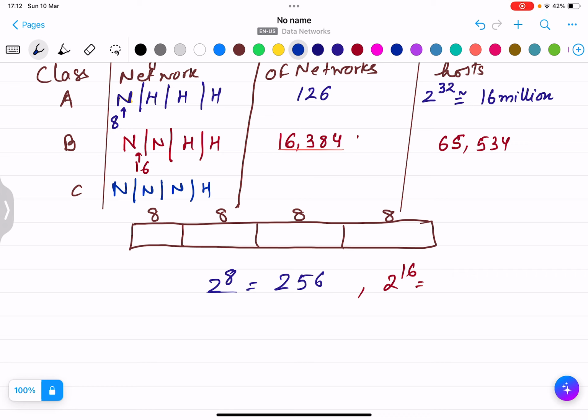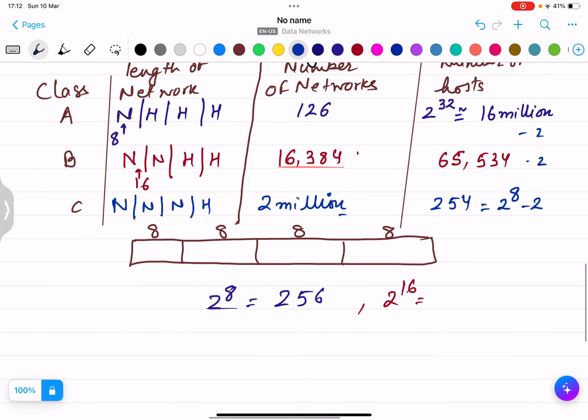So it will be 2 million networks if we calculate it, and 254 hosts, which is basically 2 raised to the power 8 minus 2. Okay, here also there was minus 2 for them, on this side also minus 2. Okay, but we are going to come to that.